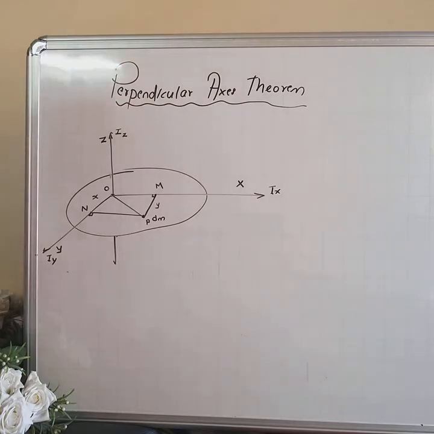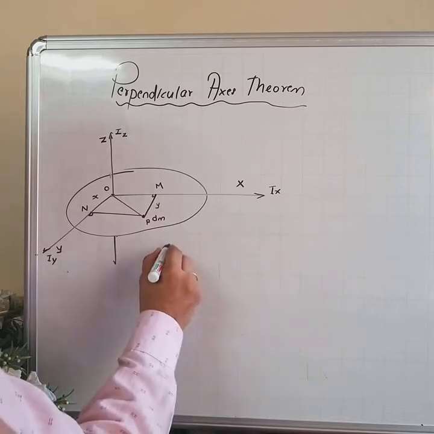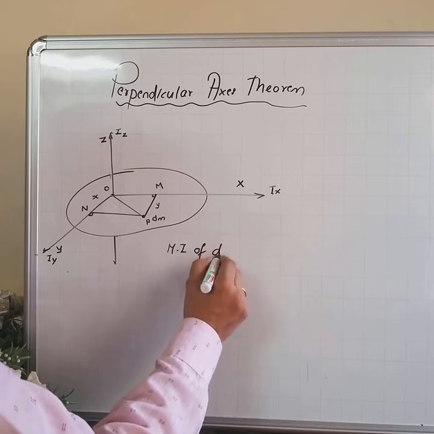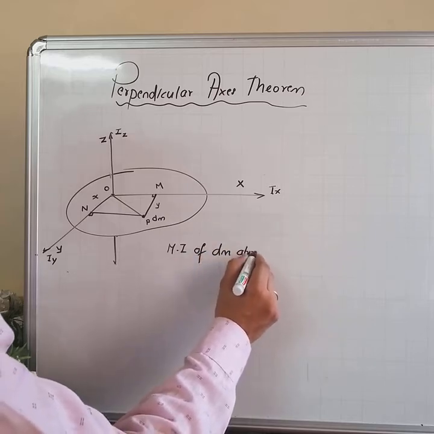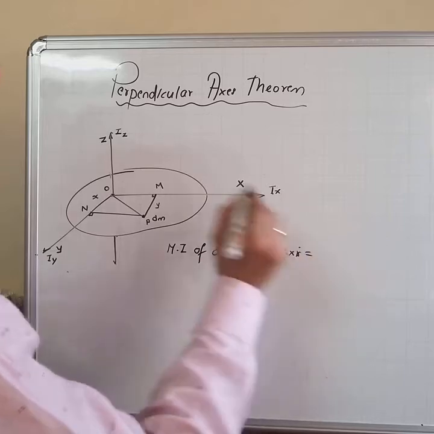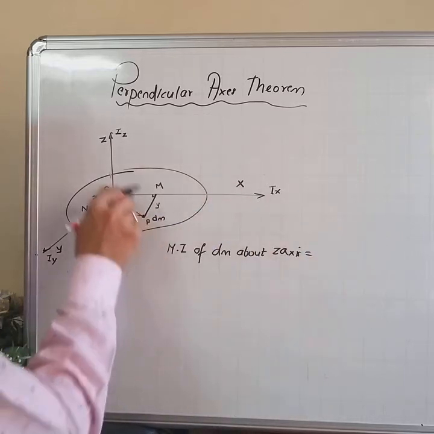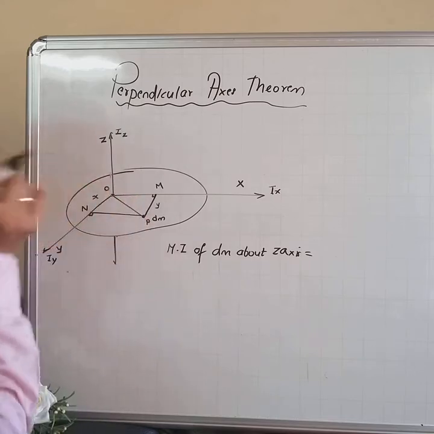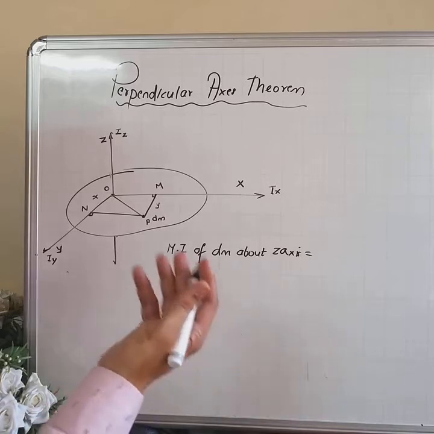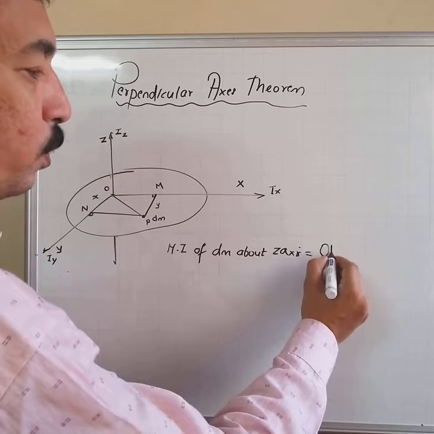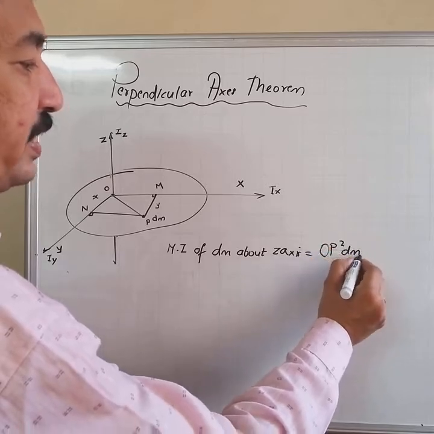Now come to the main part. If I want to find the moment of inertia of mass dm about the z axis, what will I write? This is mass dm, this is the z axis. The distance between the axis of rotation and mass dm is OP. So by the formula for moment of inertia, I will simply write OP square dm.